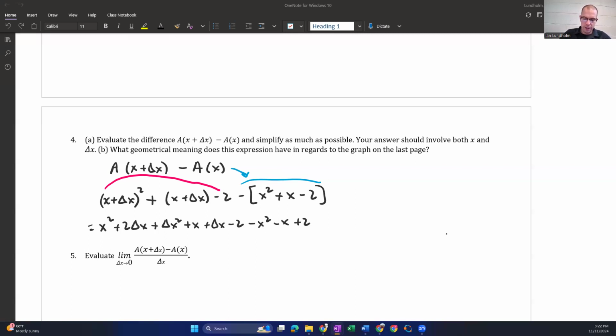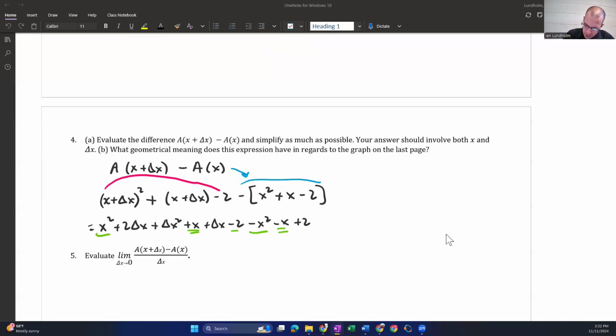So when we're combining stuff, that x squared and minus x squared cancel out. Then let's just do the x's. Those x's cancel out.